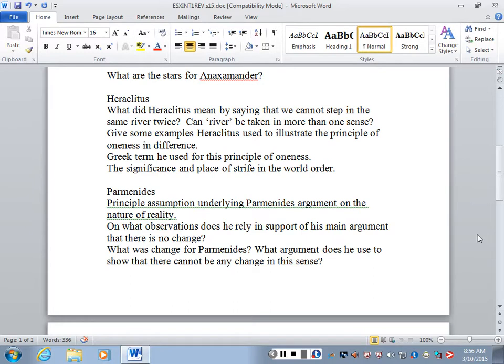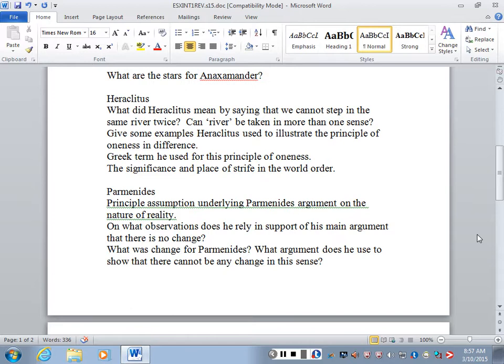And we saw that for him, he gave some examples that illustrate the principle of oneness and difference. And there are several in the PowerPoint. Some of these are his own examples: that water can be both good and bad at the same time, good for fish, bad for us, at least in terms of living in it.